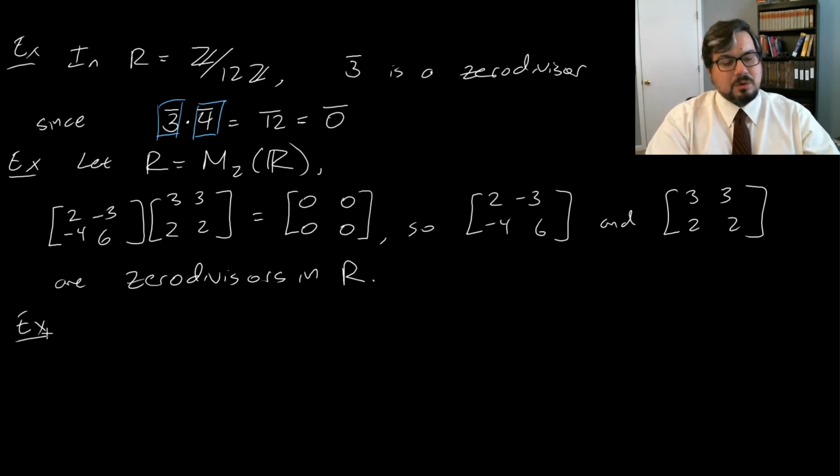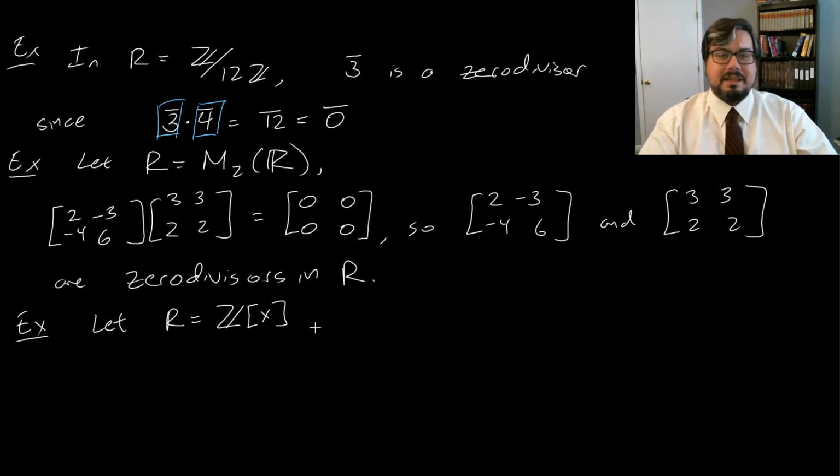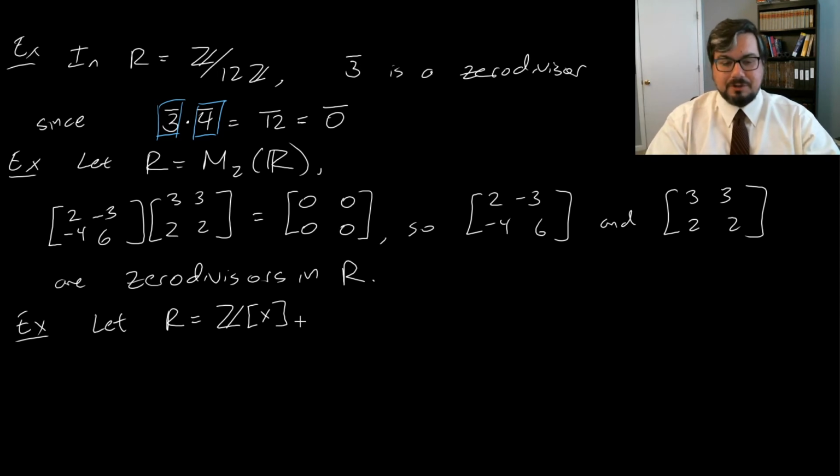Now for a sort of non-example, let R be the ring Z adjoin X, that is polynomials in the variable X with coefficients in Z, integer coefficients.